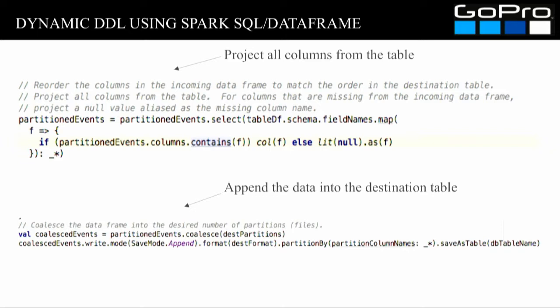The reason is that when you call Spark to save, to insert your data, it will use a position-based context to insert the data. Even the same column name will probably not be in the same position. So you have to project all columns from the table to reorder the incoming data to match the positions of the destination table. Okay, so the last thing you have to do is just append the data into your destination table.